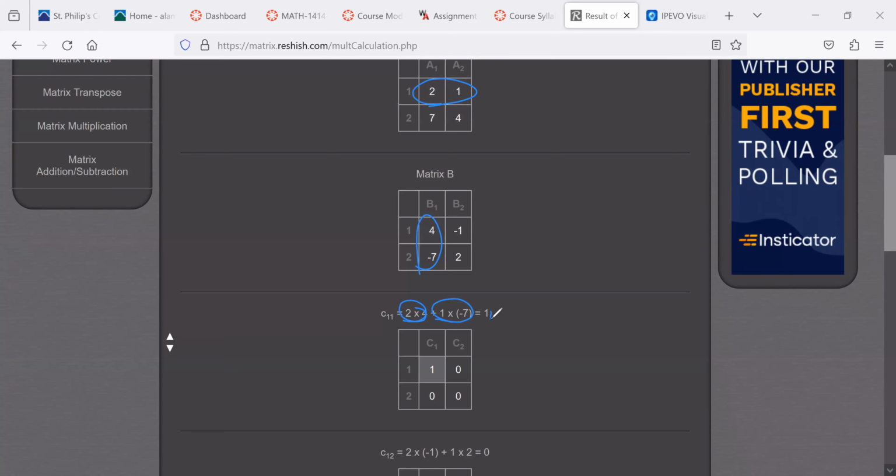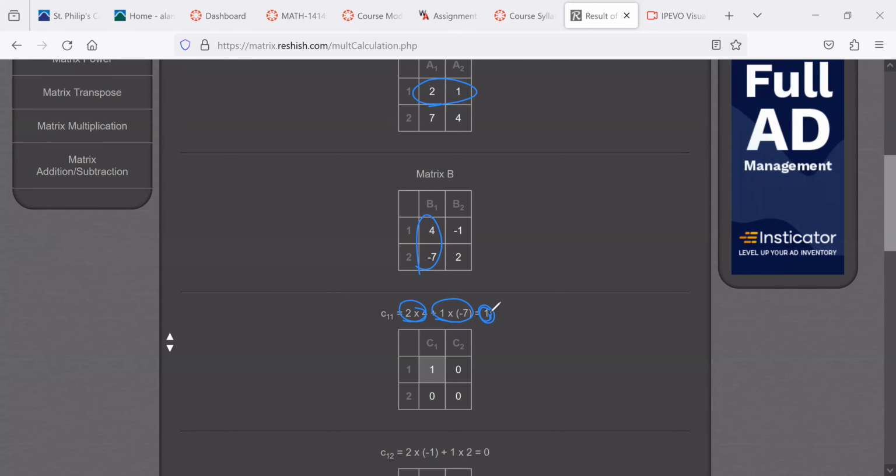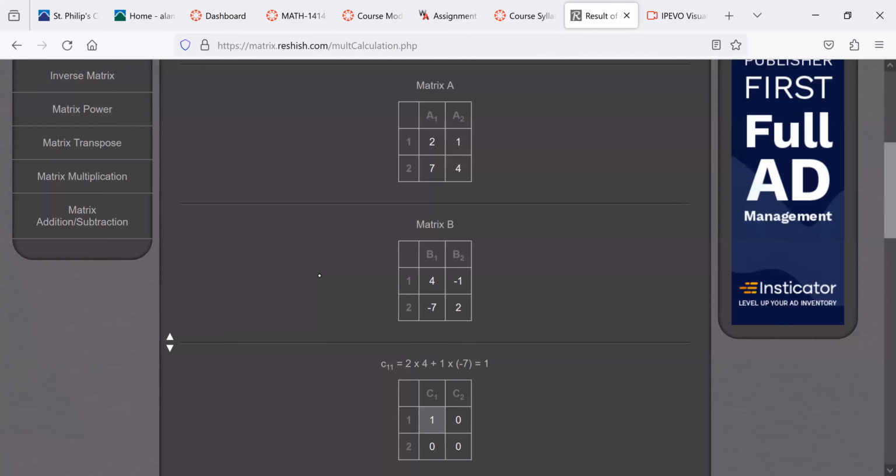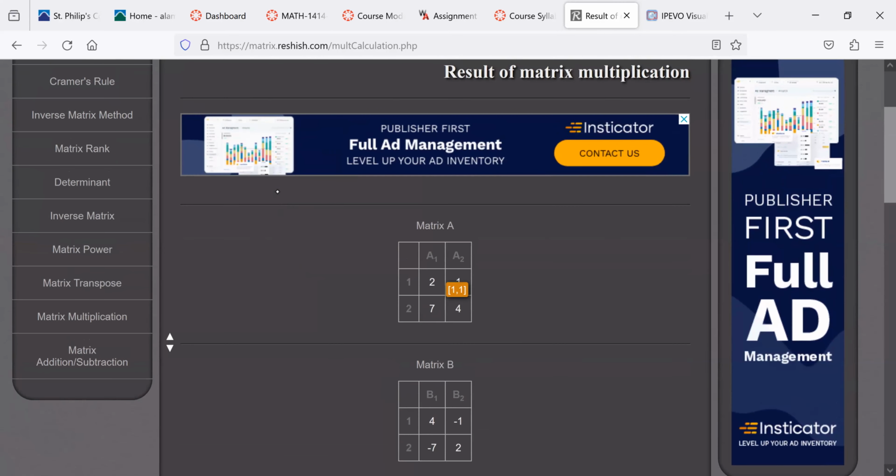That result is going to be the upper left of the matrix. Then you do the same row times this one. That's going to be down here. Be 2 times -1 plus 1 times 2. But I don't really want you to do it by hand, but that is the pattern, that's the algorithm.